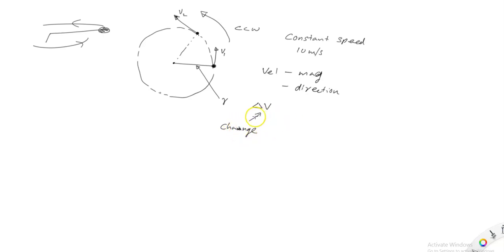If the velocity is changing, it leads to acceleration. So there is an acceleration. We don't see a speed change, we only see a directional change. Still, it is considered an acceleration, and this particular acceleration has a special name. We call it centripetal acceleration.